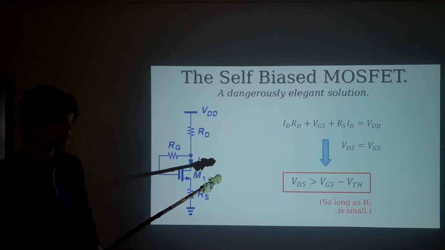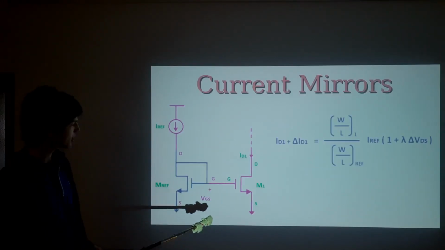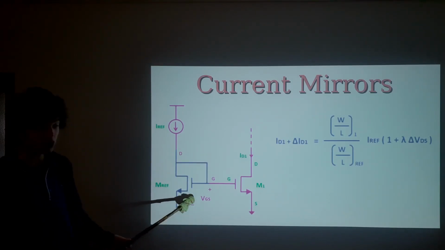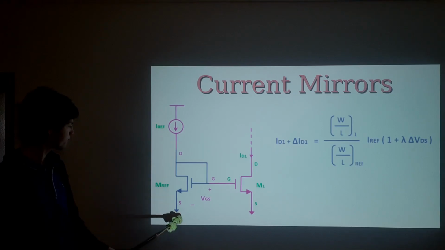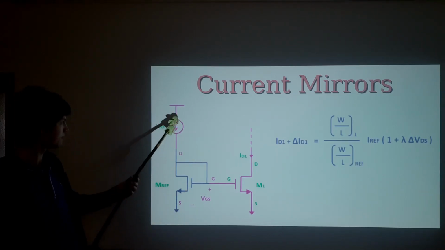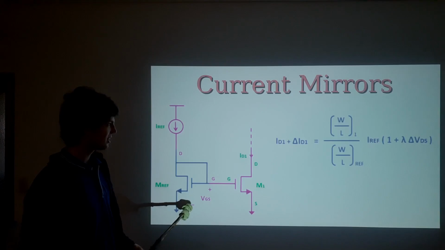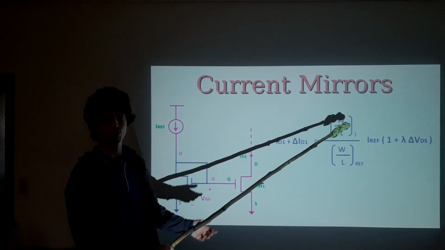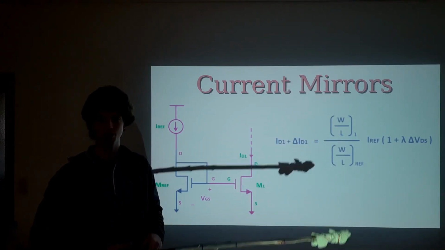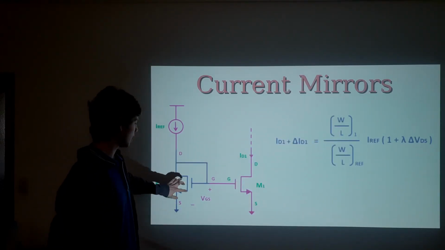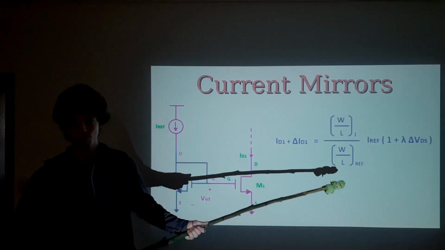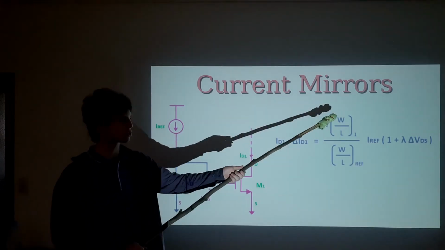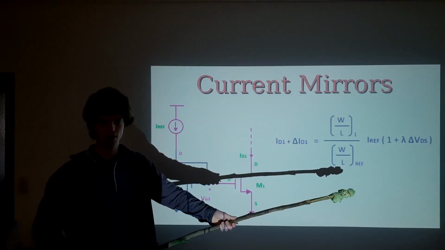Right, now this gives us some very interesting things we can do. Because we can essentially take something like this, which is more or less what we just saw on this side over here. It's more or less a self-biased MOSFET. We can rig this up in such a way that the ratio of currents on either side of this circuit depends only on this W/L parameter. Remember, that's the dimensional parameter we saw yesterday. So we can rig up two transistors with different dimensional parameters, different W/Ls, and know that the current from one side to the other will just be the ratio of W/L.